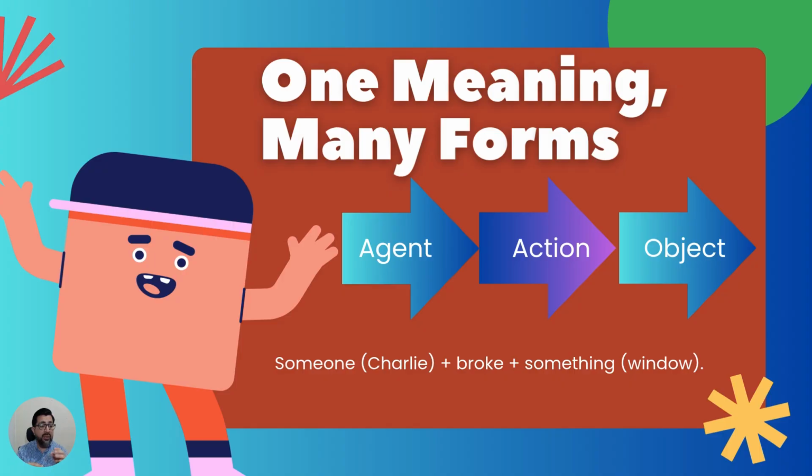That means we need an agent or a subject, the action, and an object. So Charlie is the agent, someone, broke is the action, and something, the window, is the object.